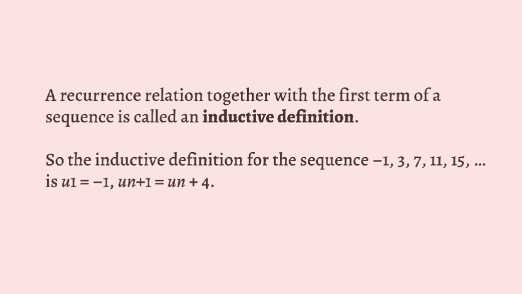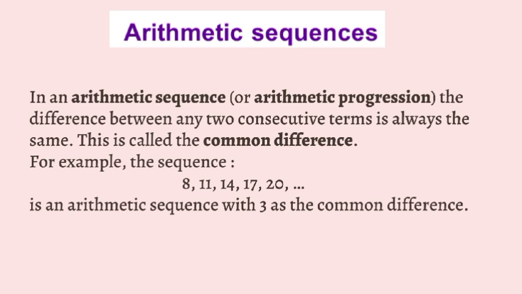A recurrence relation together with the first term of a sequence is called an inductive definition. So the inductive definition for the sequence -1, 3, 7, 11, 15 is U1 equals -1, Un plus 1 equals Un plus 4.